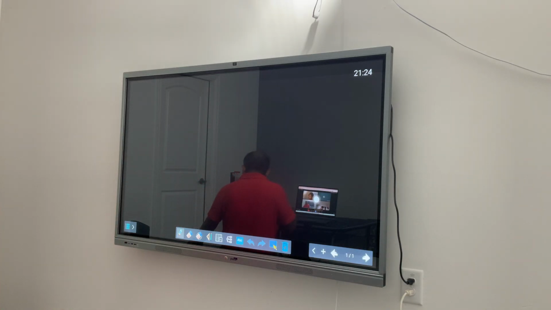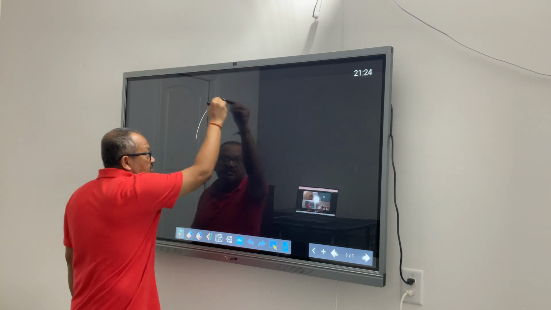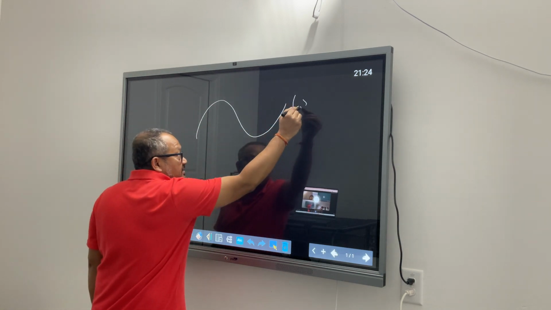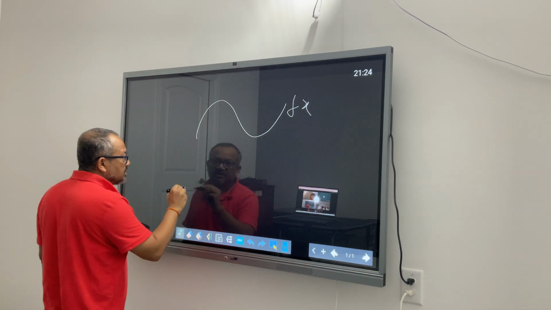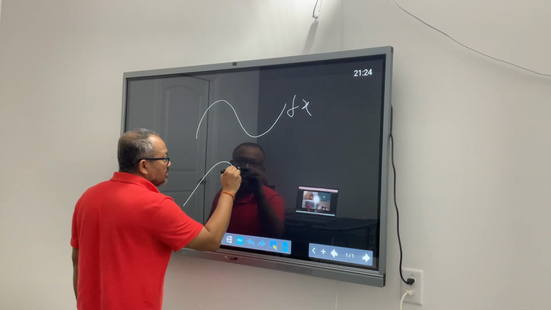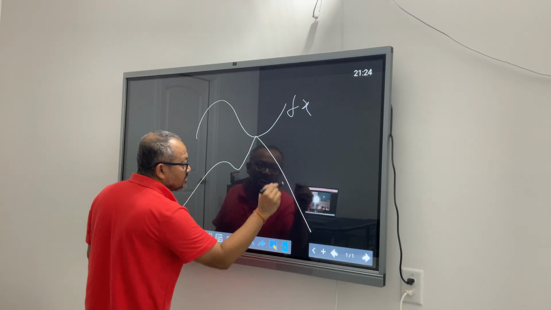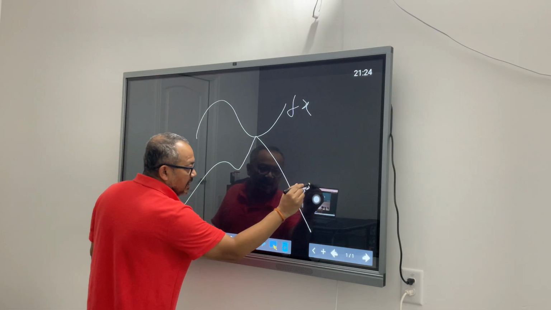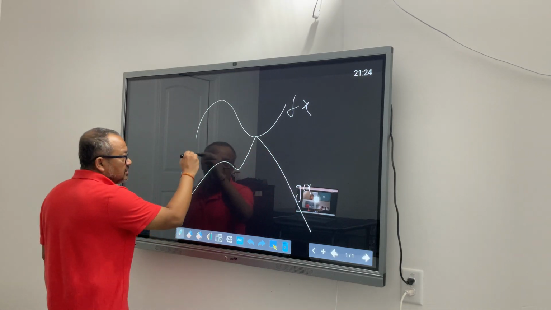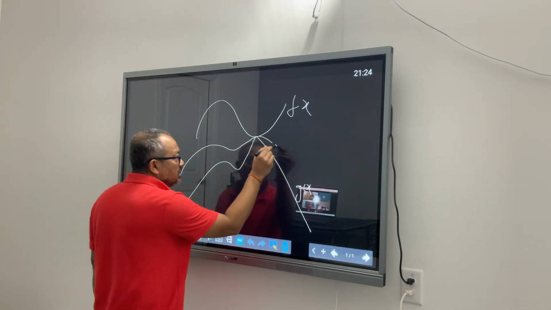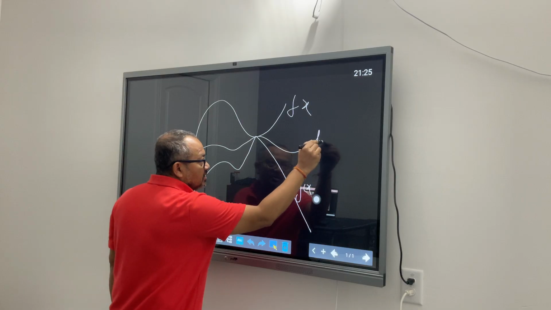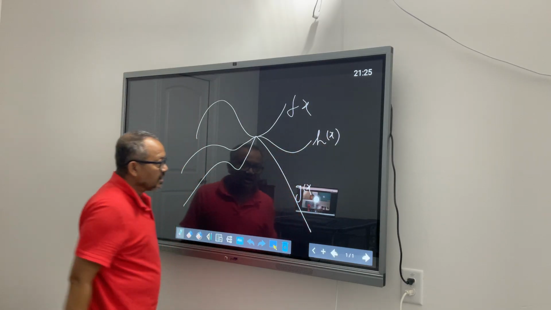So, the only thing with the squeeze function or sandwich function that you need to keep in mind is, let's say this is one function f of x. This is another function g of x. And there is a third function, that poor guy sandwiched between the two functions, h of x.